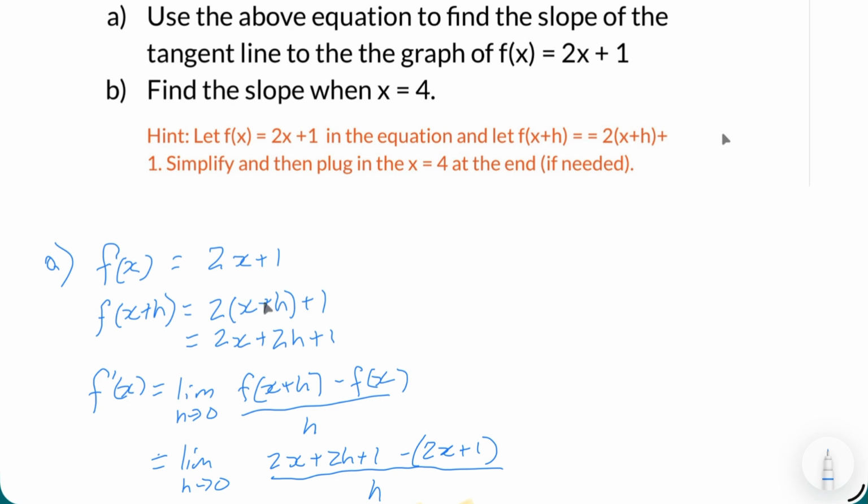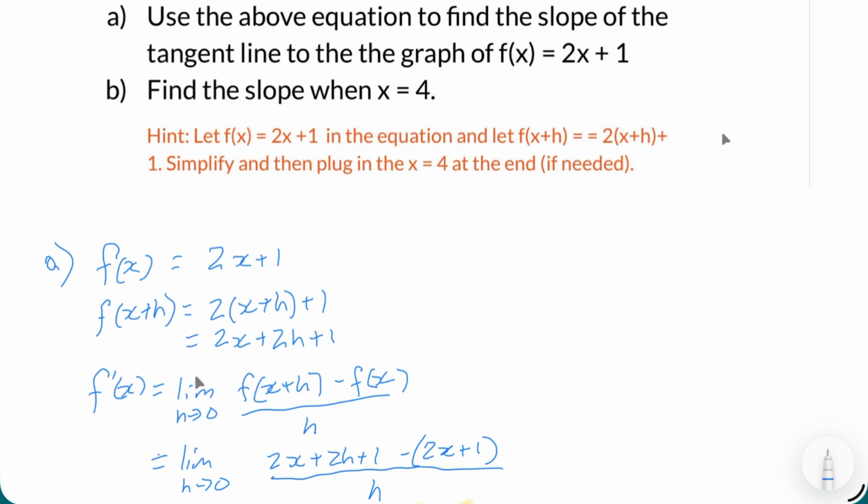We're not just adding an h, we're actually replacing this x with x plus h. Then we can expand it, 2x plus 2h, and then plus 1 just goes out at the end. So your f of x plus h will be 2x plus 2h plus 1.